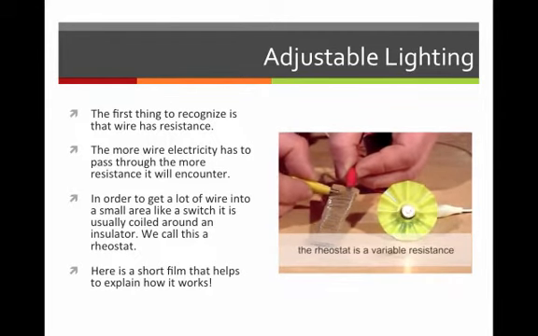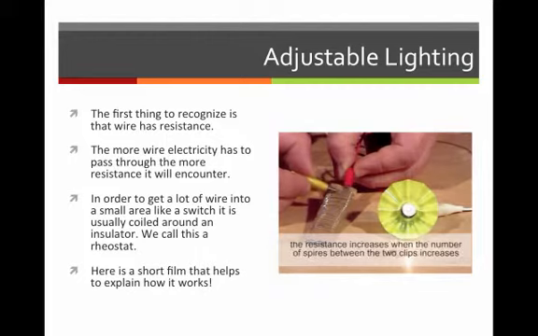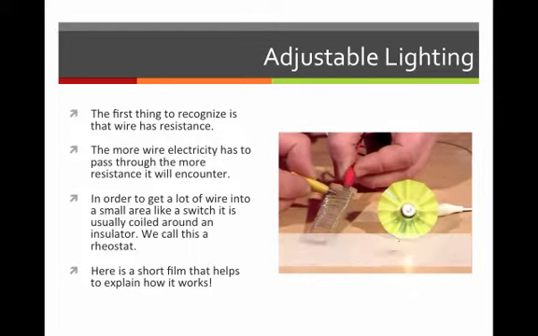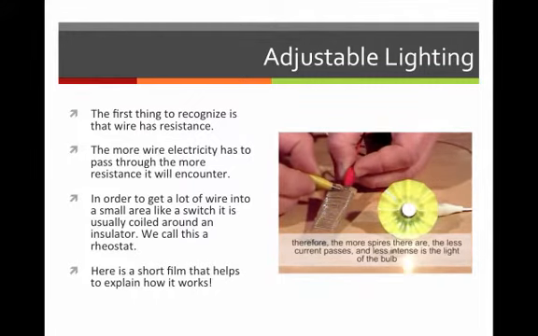The rheostat is a variable resistance. This means that there is a resistance to the electricity that passes. The resistance increases when the number of spires between the two clips increases. Therefore, the more spires there are, the less current passes, and less intense is the light of the bulb.